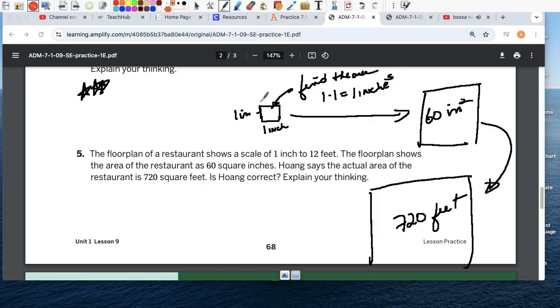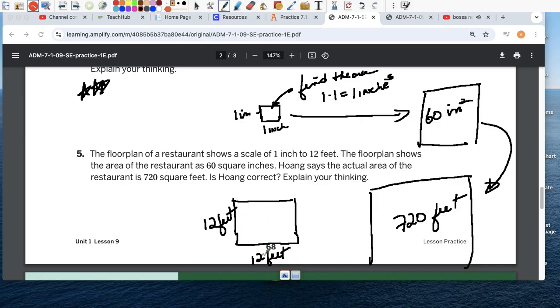Now what that means is that every inch squared in real life is represented, because we have a scale, and it says that every inch is 12 feet, right? So that 1 inch squared in real life is 12 feet by 12 feet.